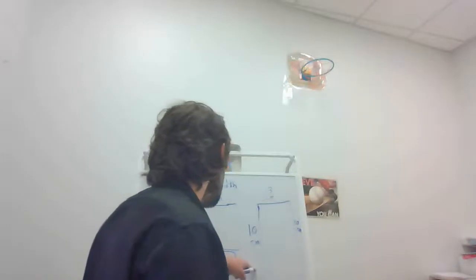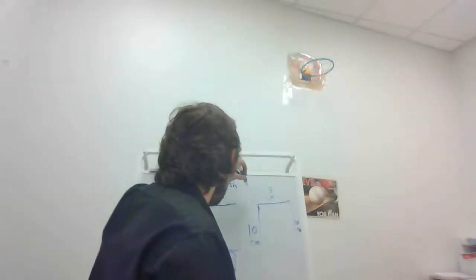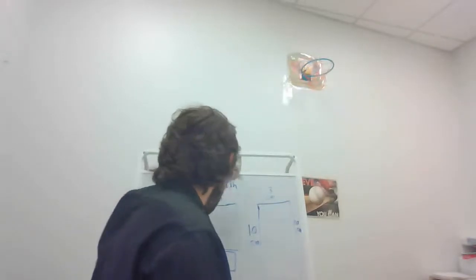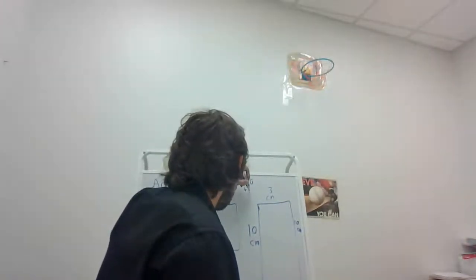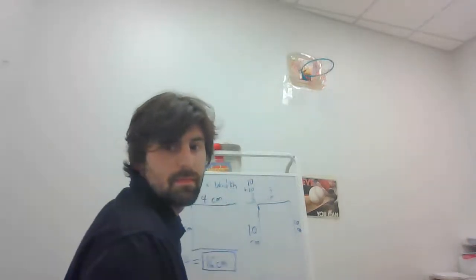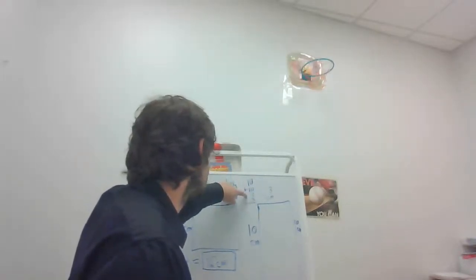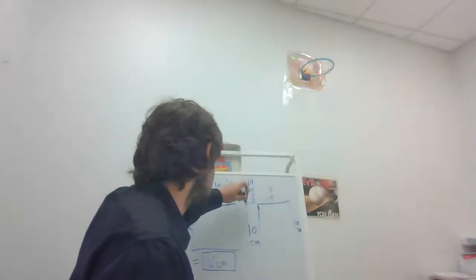So I'll do the rectangle first. So to find the perimeter of the rectangle, you would need to add 10 plus 10 plus 3 plus 3. So 10 plus 10 is 20, plus 3 is 23, plus 3 is 26.